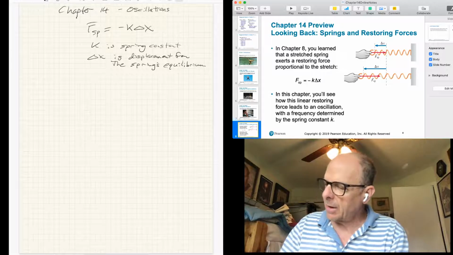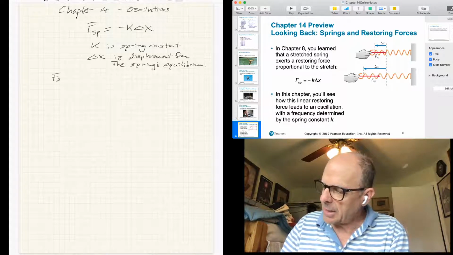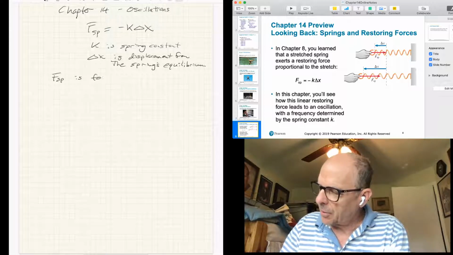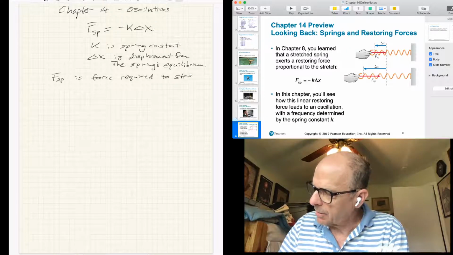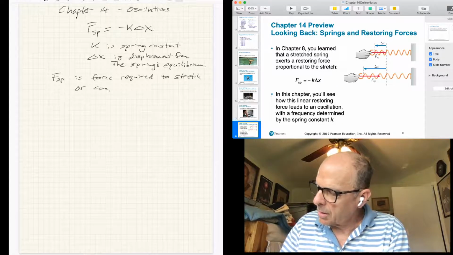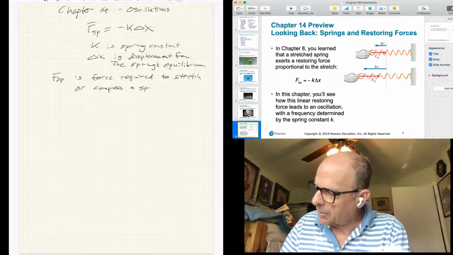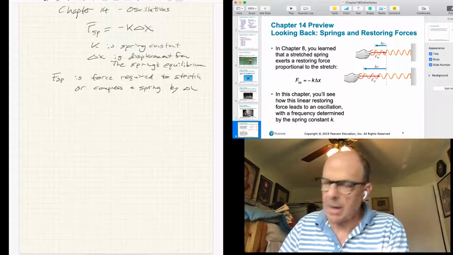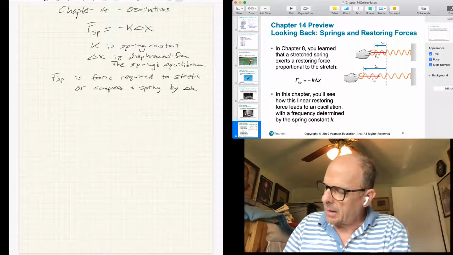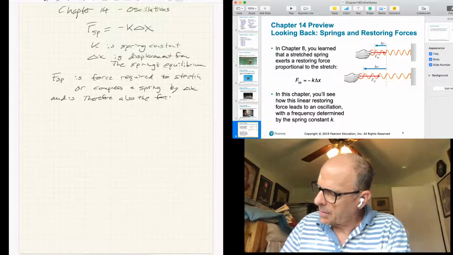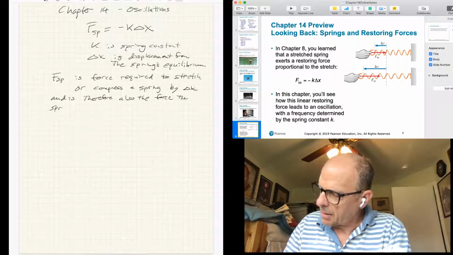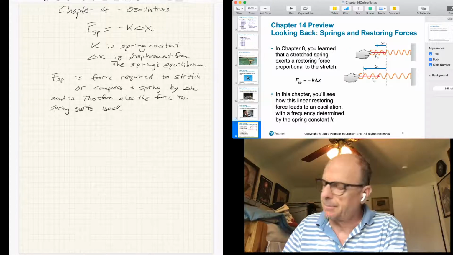And what this equation is showing is that F_sp is both the force required to stretch or compress a spring by a distance delta x, and is therefore also the force the spring exerts back on you, from Newton's third law.